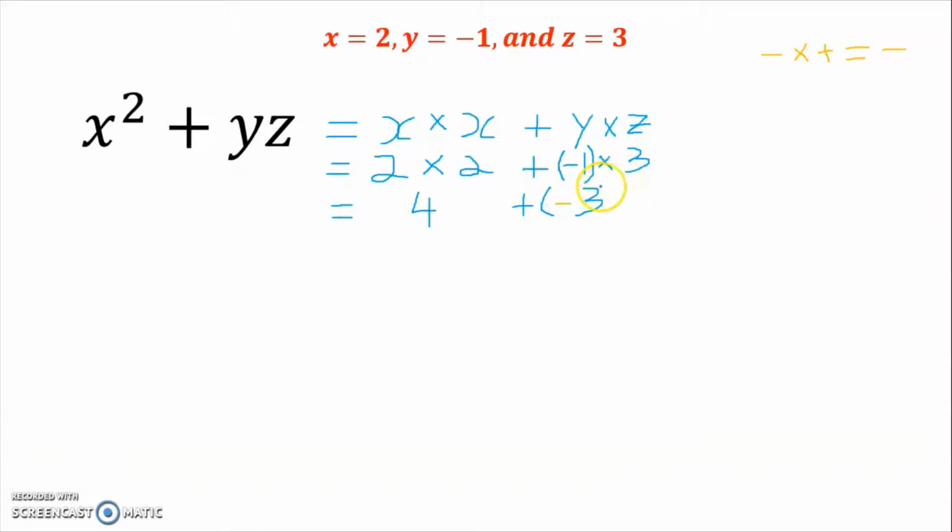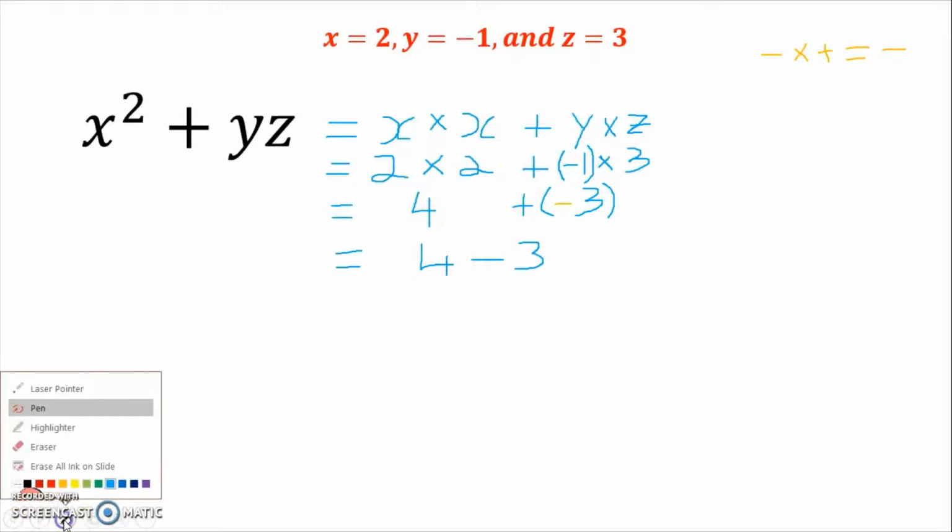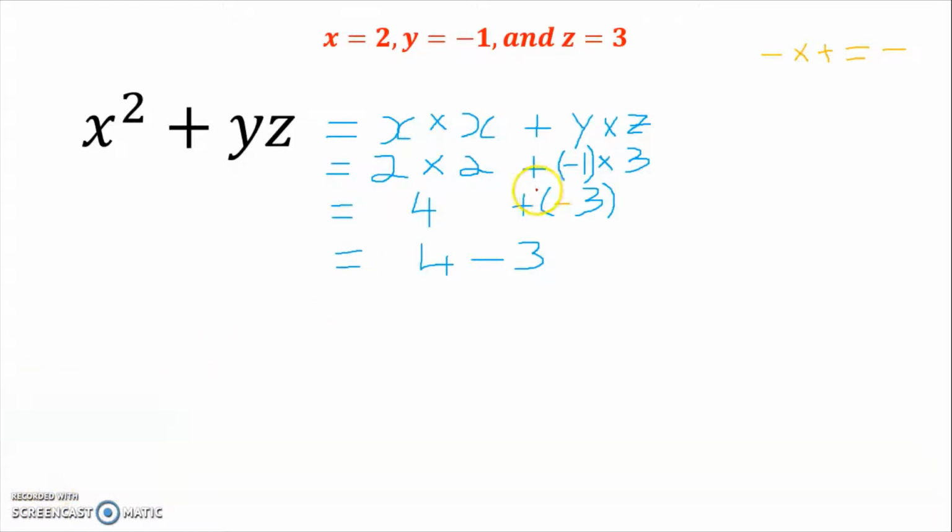Okay, now we have 4 plus negative 3. Now 4 plus negative 3 is the same as 4 subtract 3, because here, let me use a different color ink to circle that, you have a positive sign followed by a negative sign.